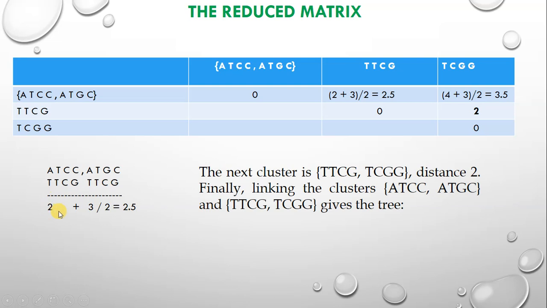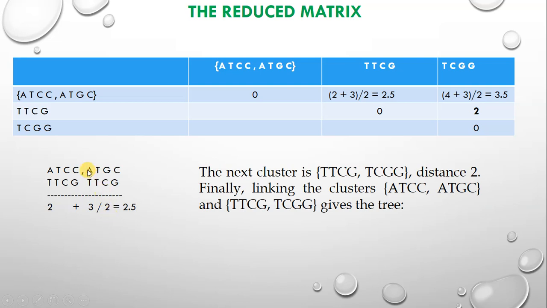So this is 2, this distance will become 2 plus 1, 2, 3. So this part has 3 mutations and this part has 2 mutations. So 2 plus 3 divided by 2, because we will take an average.